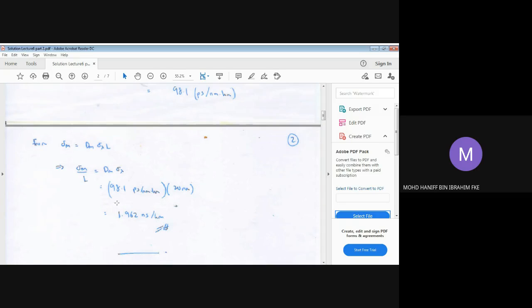You end up with an RMS pulse spread per length of 1.962 nanosecond per kilometer. Straightforward, but you need to be very careful with the units in the calculation of the Dm, and subsequently in the calculation of the RMS pulse spreading. Okay, let us proceed with more examples.